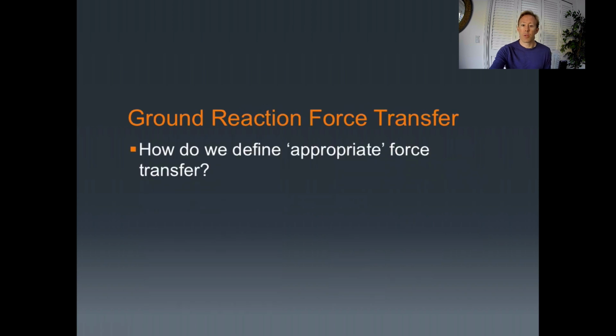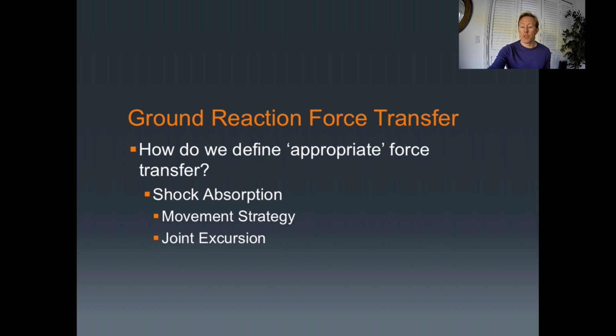Okay, so ground reaction force transfer. How do we define appropriate force transfer? We're going to look at shock absorption. Within shock absorption, their movement strategy and joint excursion, meaning what range of motion their joints are moving through. Movement strategy is really going to be thinking about hip versus knee strategy in this lecture. Then we're going to talk about the active subsystem, which maybe you remember from previous lectures, the joint stability lecture. The active subsystem is really the neuromuscular side of our body.